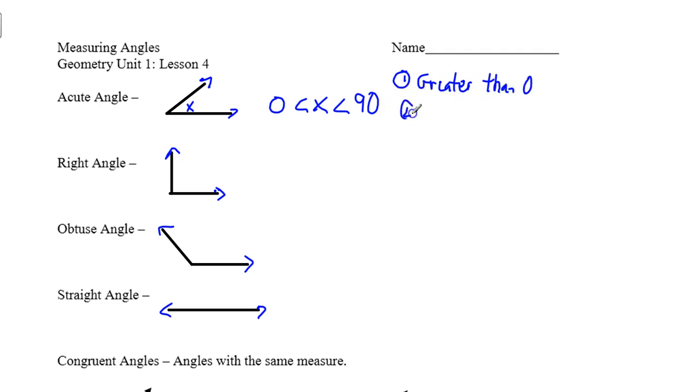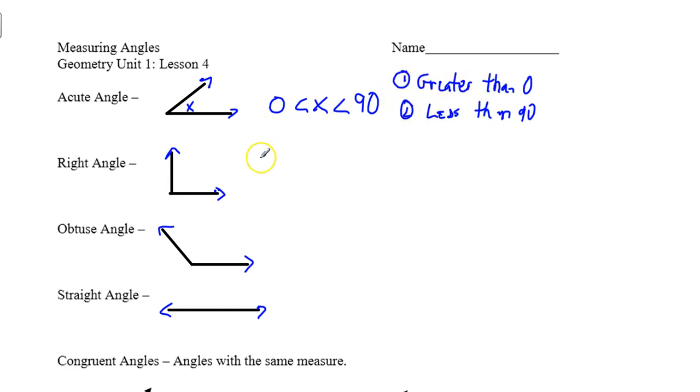And the second condition would be less than 90. My board isn't working quite right. My son wrote on it. So hopefully that works, so for an acute angle, greater than 0, less than 90.